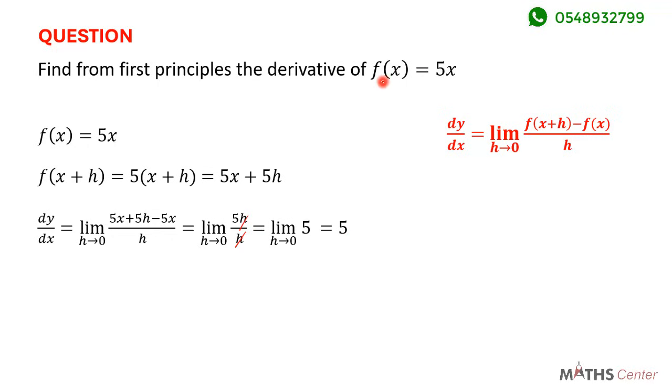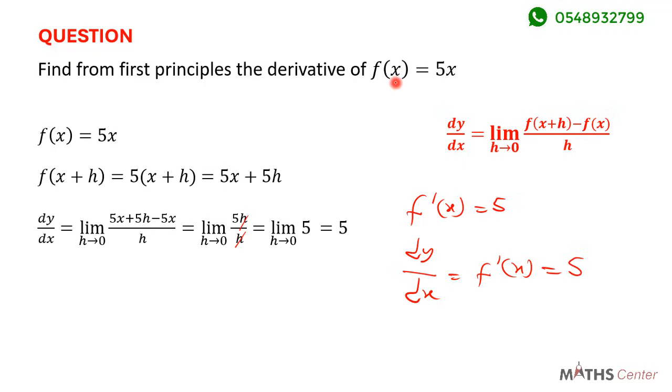So when you differentiate the function f of x equal to 5x, you are going to have 5. And that is why dy dx, which is the Leibniz notation, or the functional notation, f prime of x, is equal to 5.